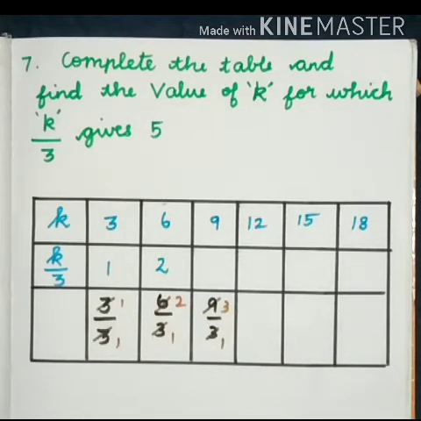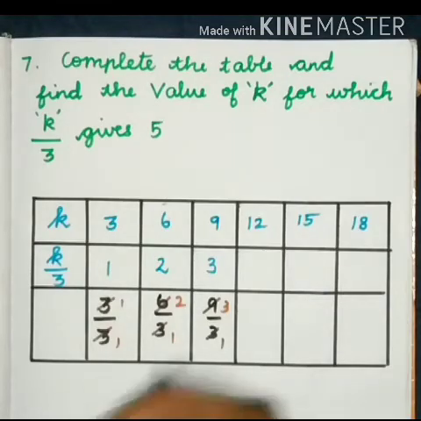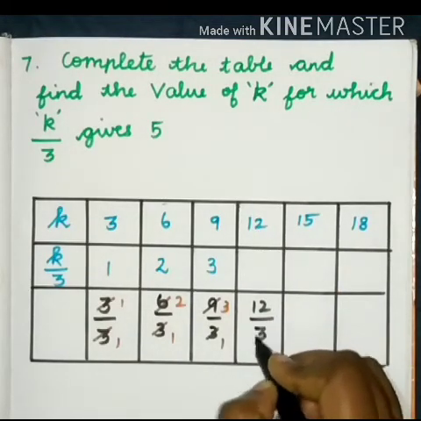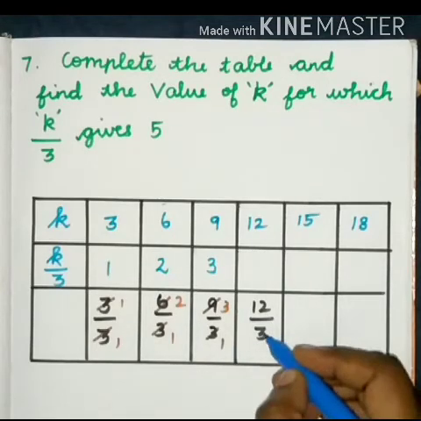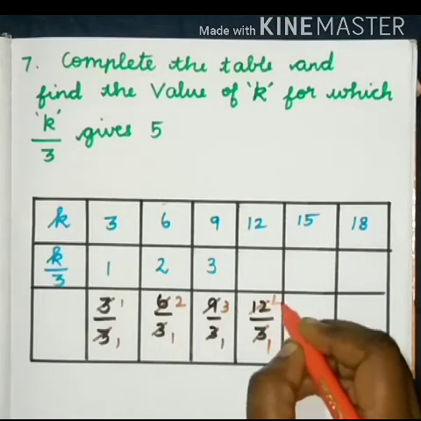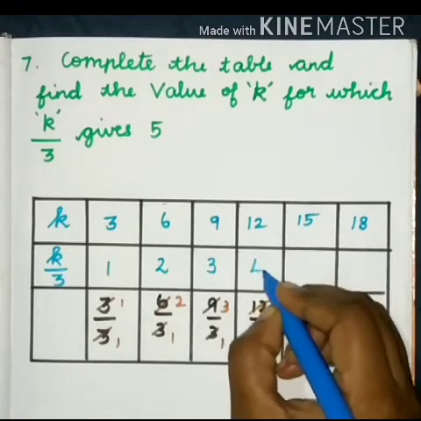So your k by 3 value is 3. Substitute the value k equal to 12, 12 by 3. 3 ones are 3. 3 fours are 12. So k by 3 value is 4.